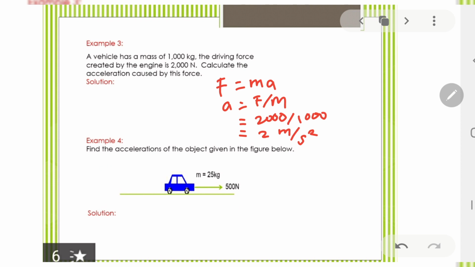Example 4. Find the acceleration of the object given in the figure below. Okay, find the acceleration given in this diagram, where the car has 500 Newton force and the mass is equal to 25 kilogram.